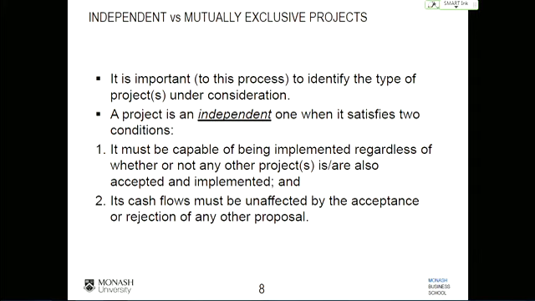So what I'm trying to tell you is that with the mutually exclusive projects, by saying that we are going to invest in one project, we preclude the investment in the other project. So we choose one or the other, not both. Whereas with the independent projects, the implementation of one project doesn't stop you from implementing another project.